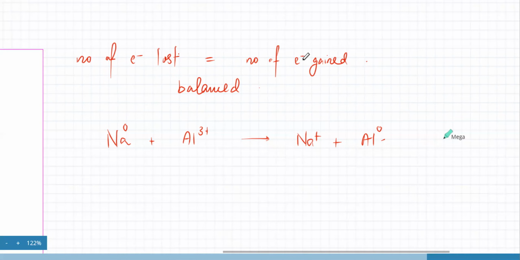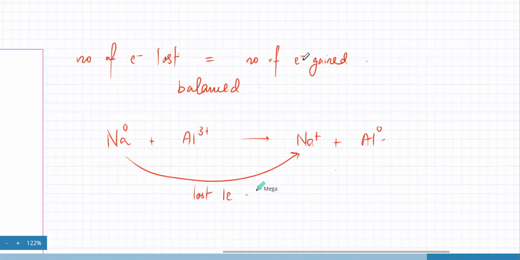The Na is getting reduced, the charge is getting reduced. Yeah, because it goes from 0 to +1. It's not getting reduced, it's increasing. Oh, so oxidizing. Okay, so it's getting oxidized, right? So that means it lost one electron.